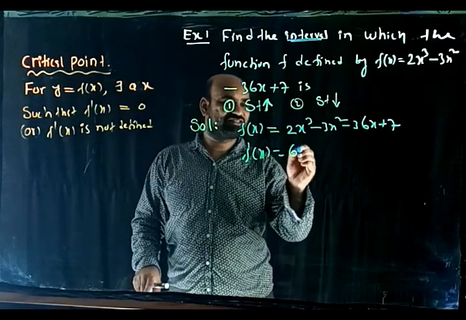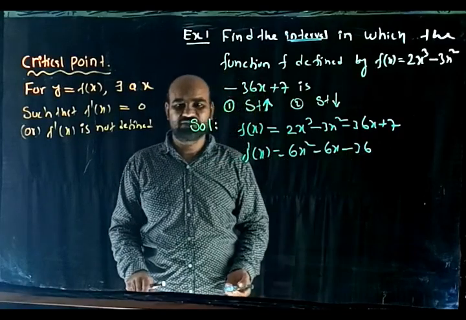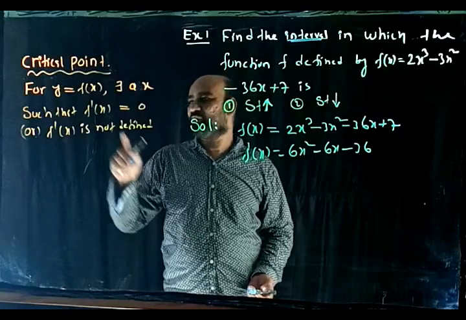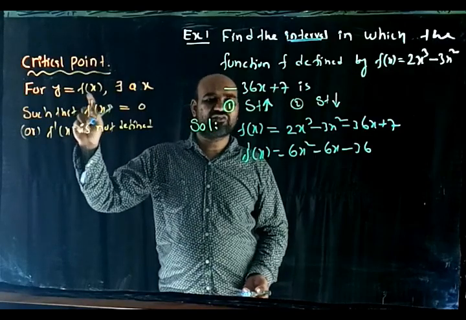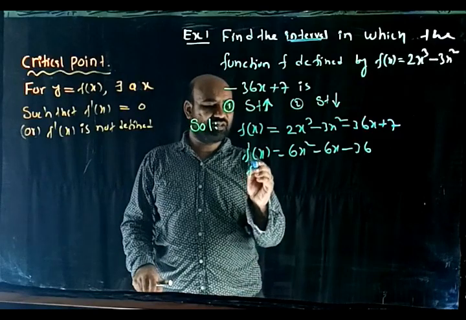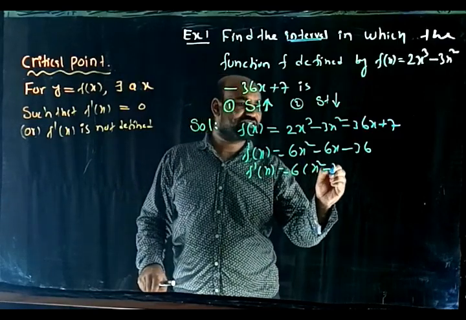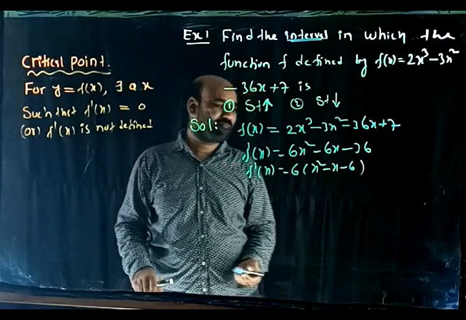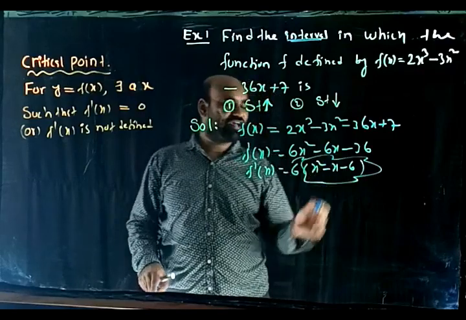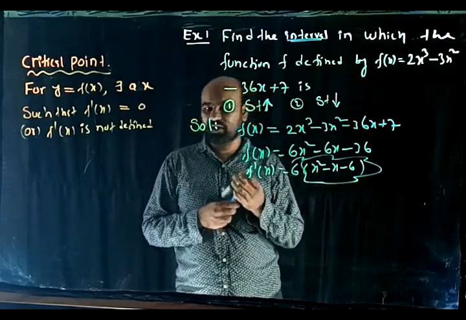That is 6x square minus 6x minus 36. Next, we want to find the critical points for f of x. Critical points are the values of x where f dash of x is 0 or f dash of x is not defined. Taking 6 common, we get x square minus x minus 6. For what values of x is x square minus x minus 6 equal to 0? Those are called critical points.